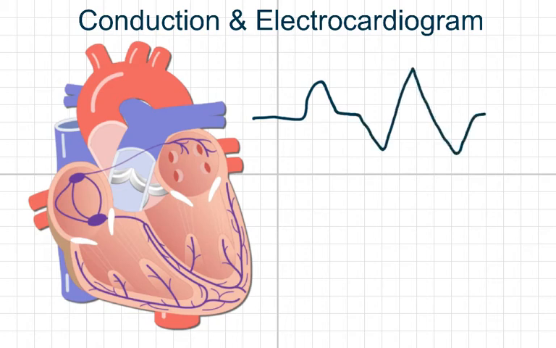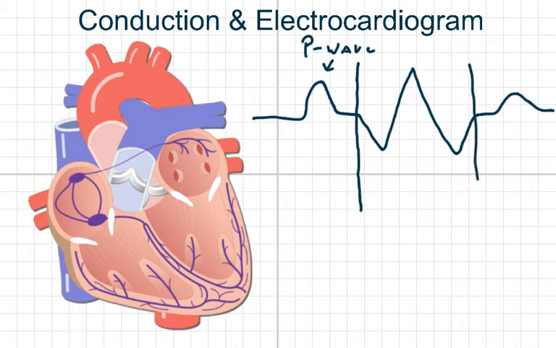Okay. I'm over exaggerating this just for the sake of this lecture. And so here we have the P wave. Let's go ahead and divide this out right here. Next, here we have the QRS complex.